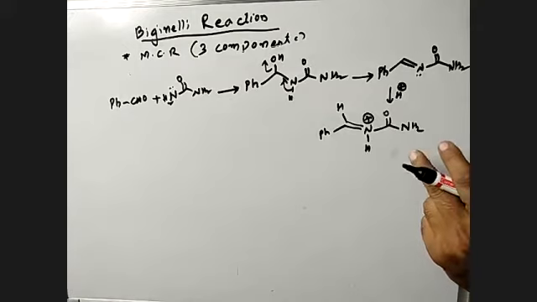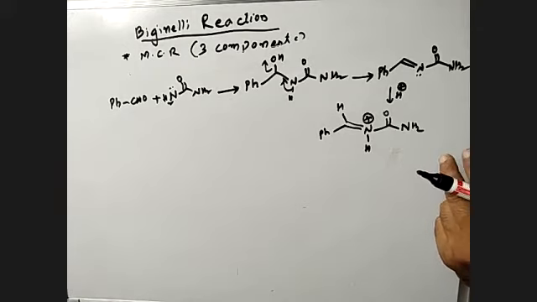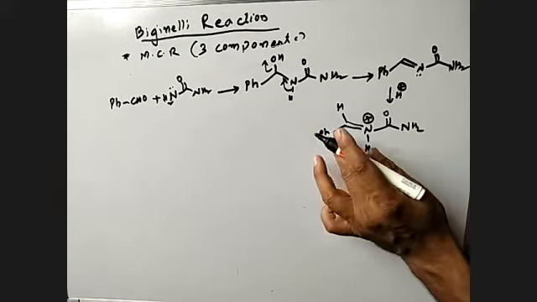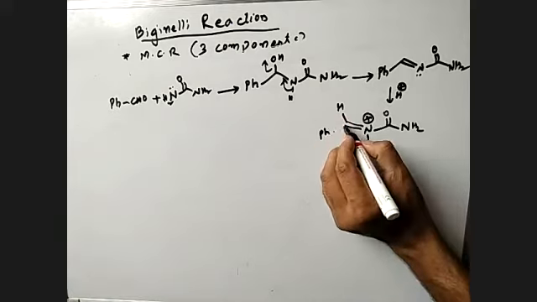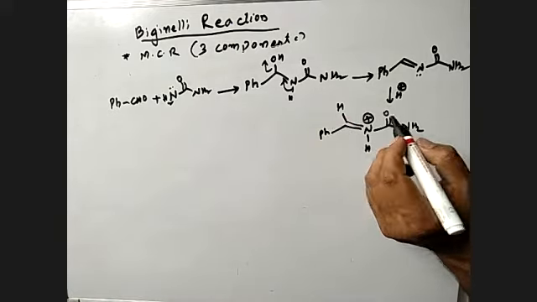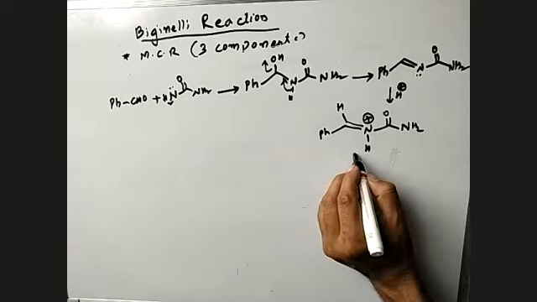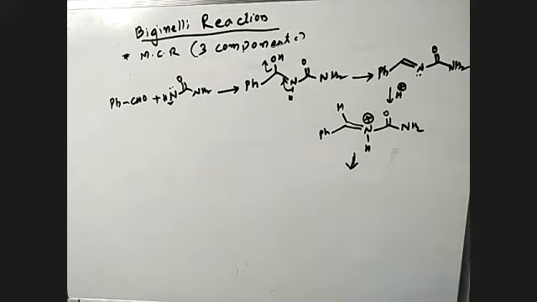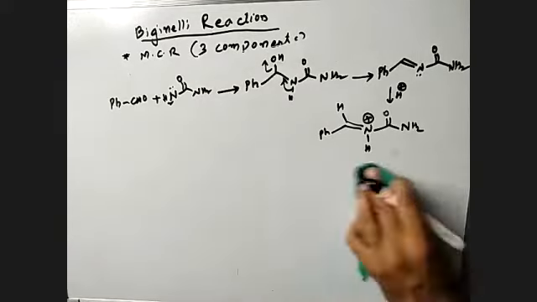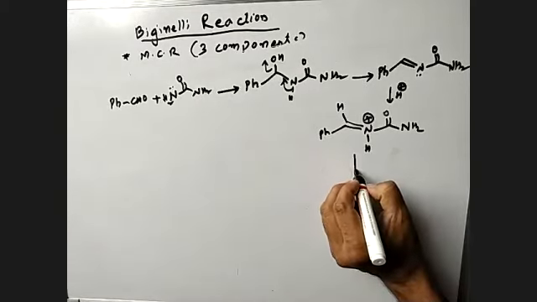Now this is the most susceptible intermediate, which can easily be attacked by beta ketoester. So now on this, beta ketoester will attack definitely.